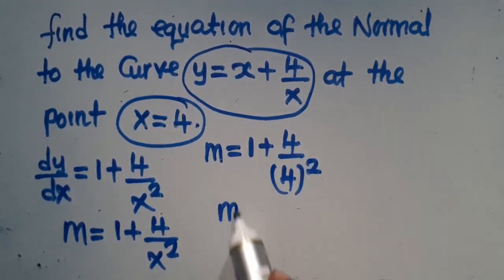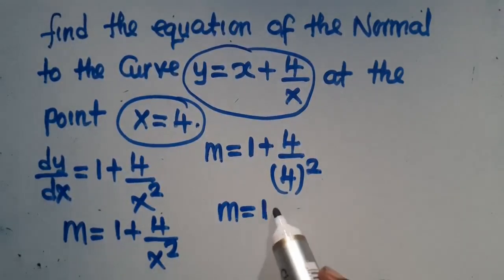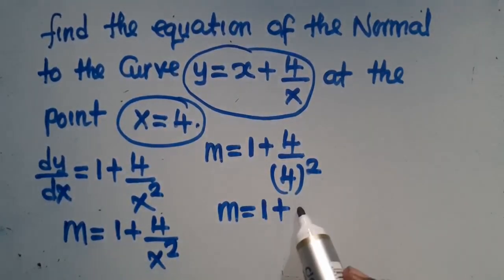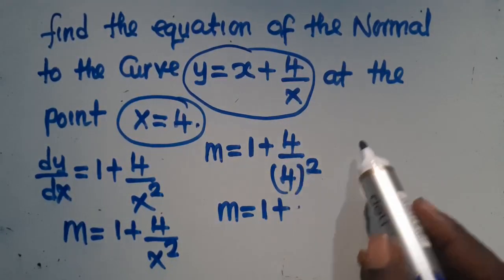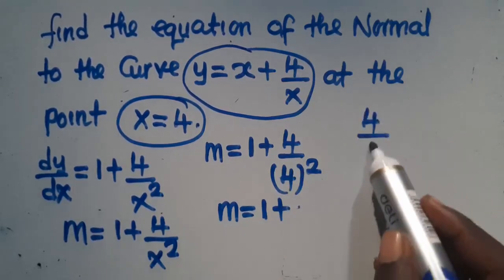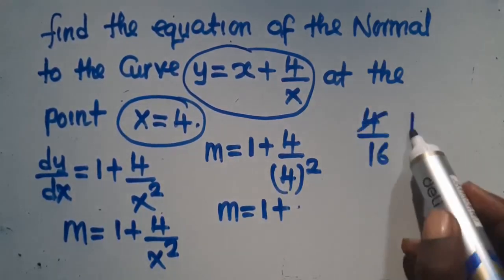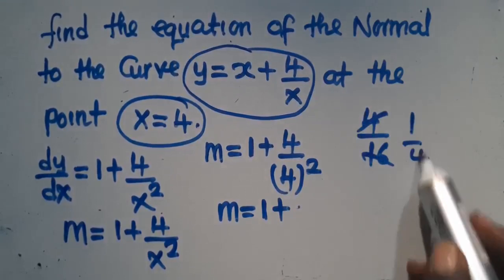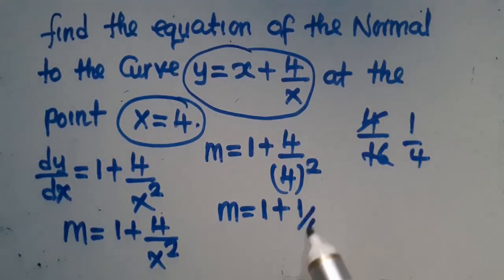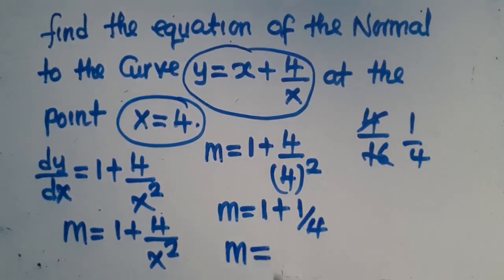This is equal to 1 plus 4 over 16. 4 goes into 4 once, and 4 goes into 16 four times, so 1 over 4. The gradient is now equal to 5 over 4, if you evaluate this.